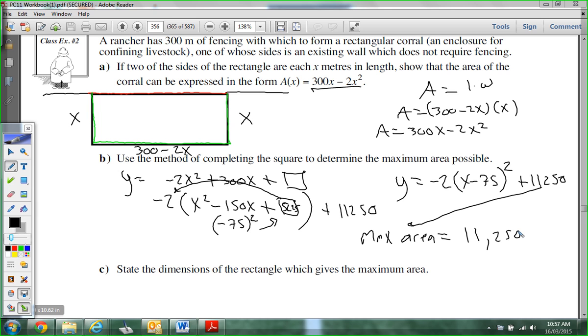What's our p? 75. That's the x value, right? So 75 would be right here. Does that make sense? So then what would that make? What's 2 times 75? So what's 300 minus 150? So your dimensions would be 75 by 150.